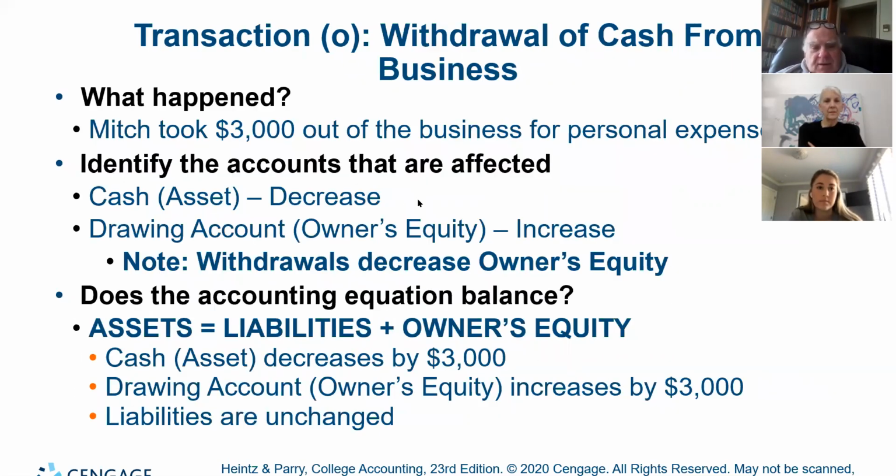Cash goes down, and look at the owner's equity drawing account. The drawing account went up, and in so doing, it decreased owner's equity. When drawing goes up, it decreases the equity. The accounting equation will remain in balance.